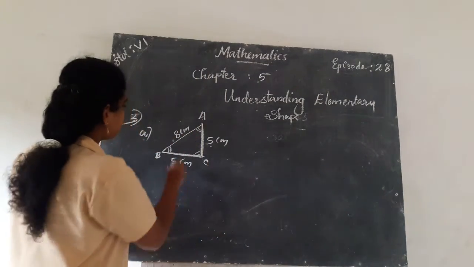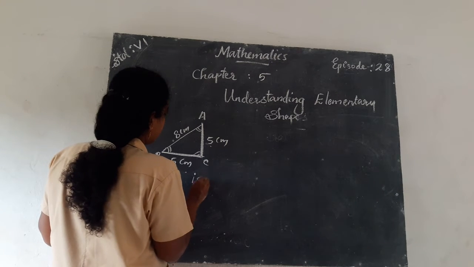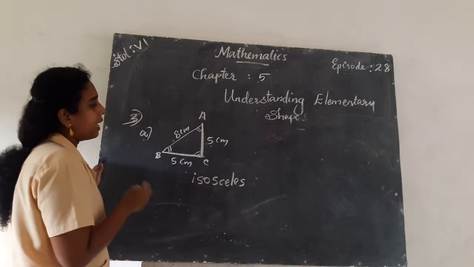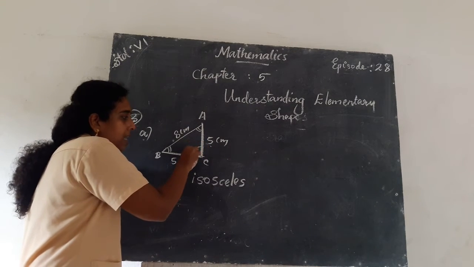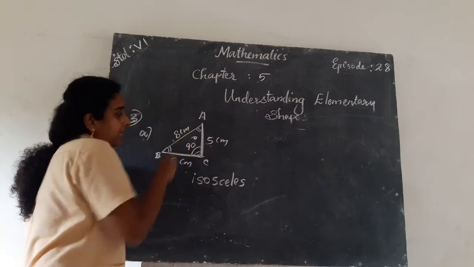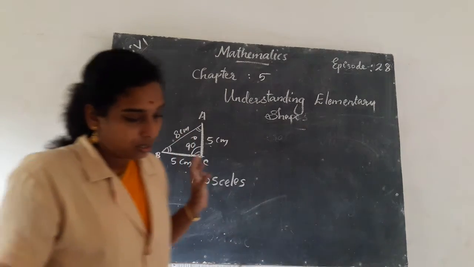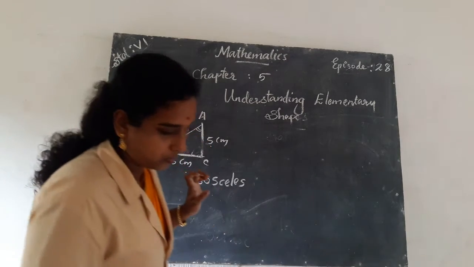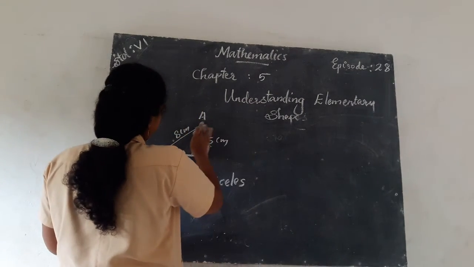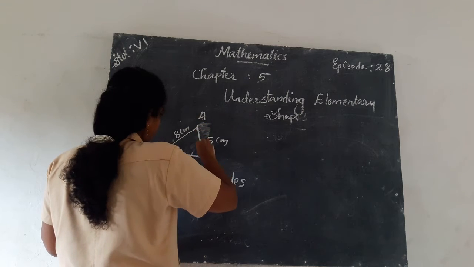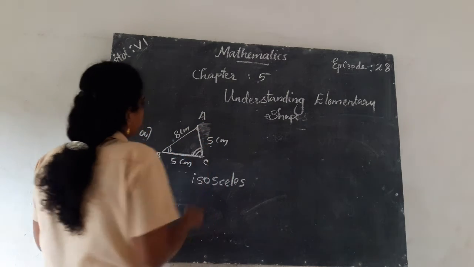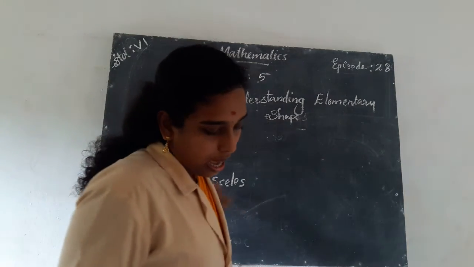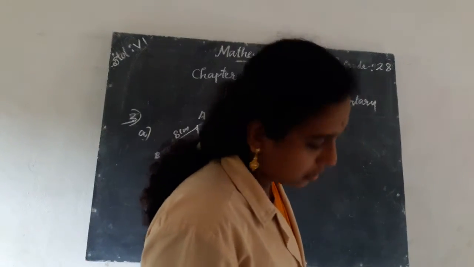So it's an isosceles triangle, and it's also an acute angled triangle.